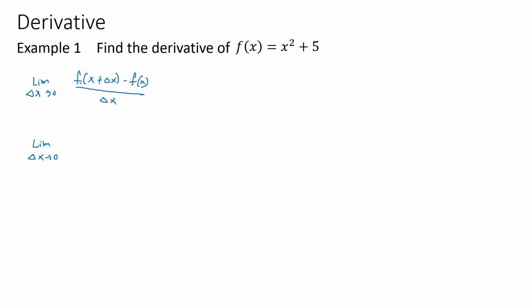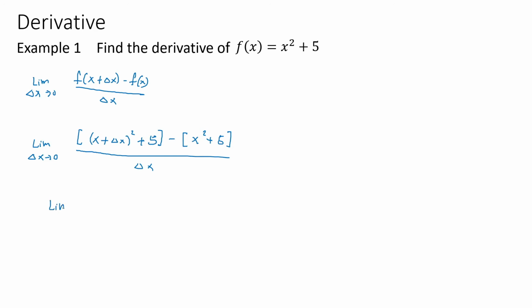That means you're substituting x plus delta x wherever you see an x. So we have x plus delta x squared plus 5. f of x was x squared plus 5. And we have a denominator of delta x. Now we just have to calculate this, and we will have our derivative.